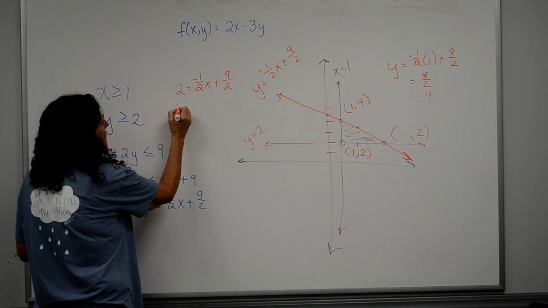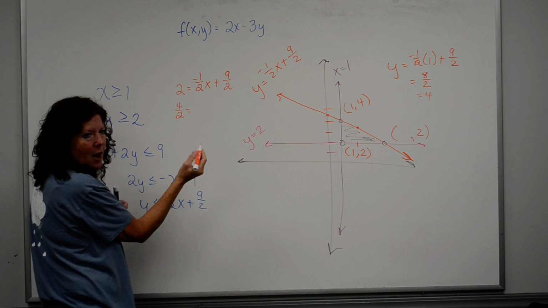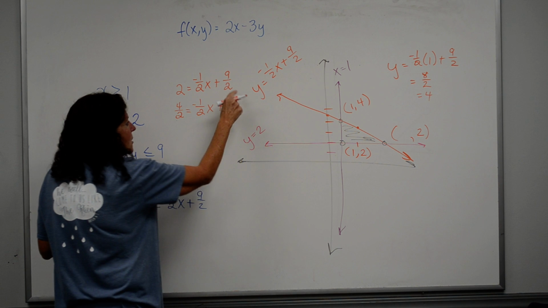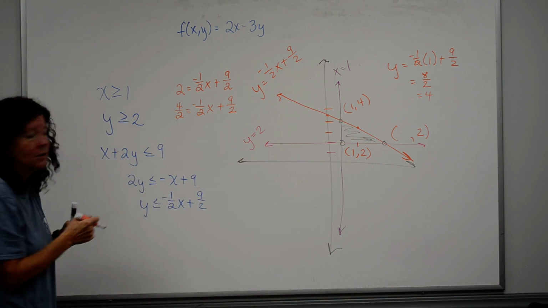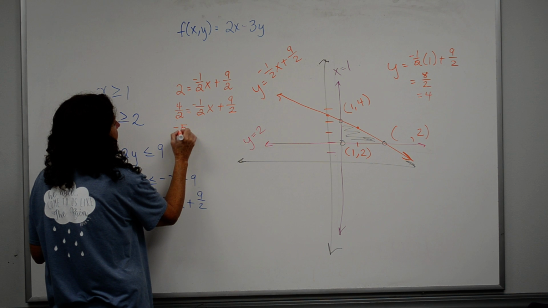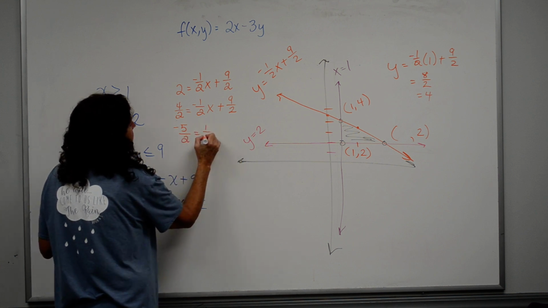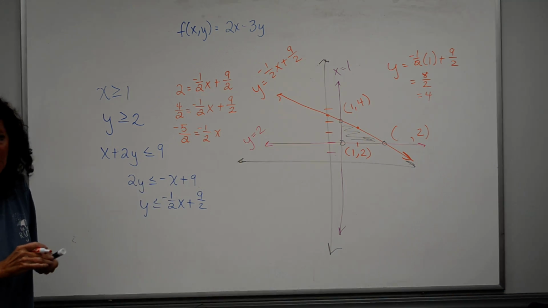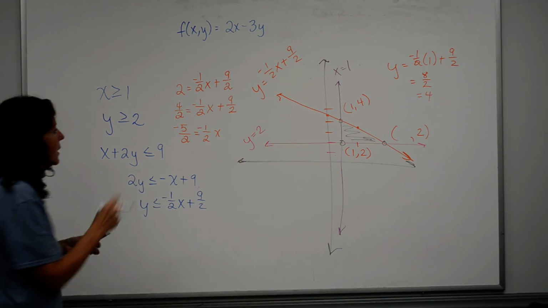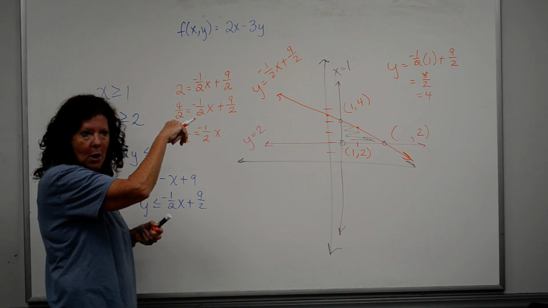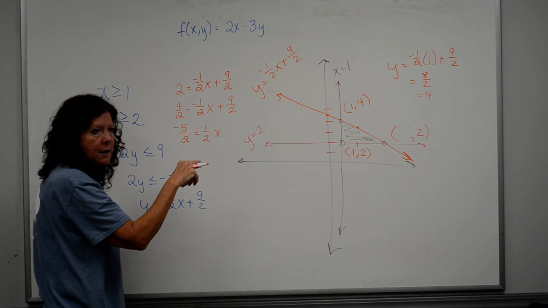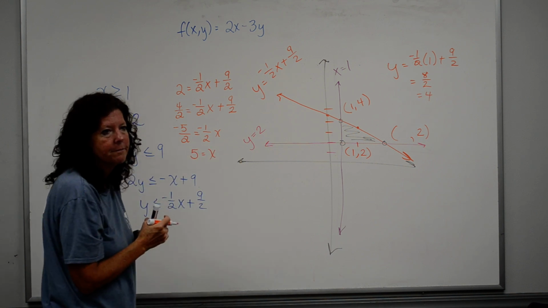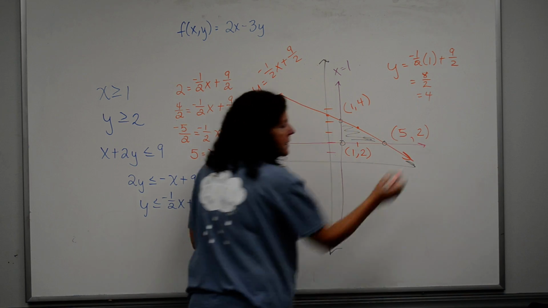Let me make this into a common denominator with everything else. So I'm going to subtract the 9 over 2, which is going to give me a negative 5 over 2 equals negative 1/2 x. I'm going to solve for that, which means I'm going to divide by negative 1/2, or invert and multiply by 2 over 1, which is going to give me a positive 5. Okay? You with me so far?